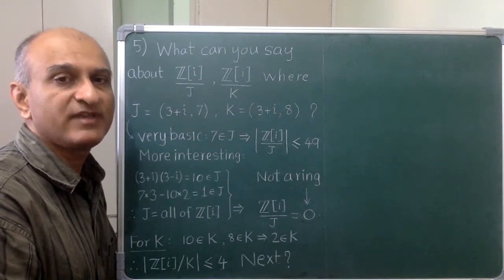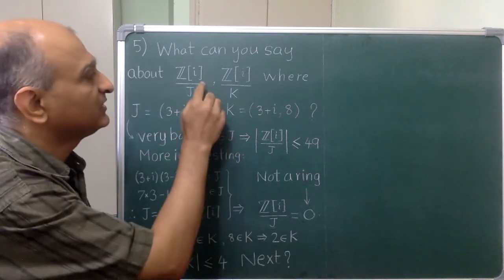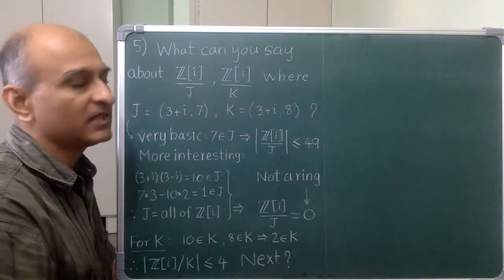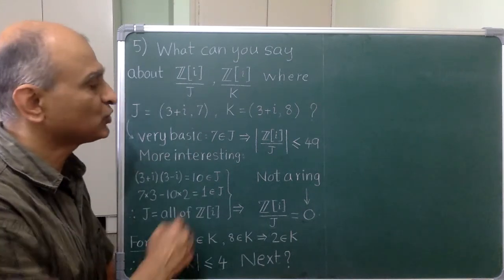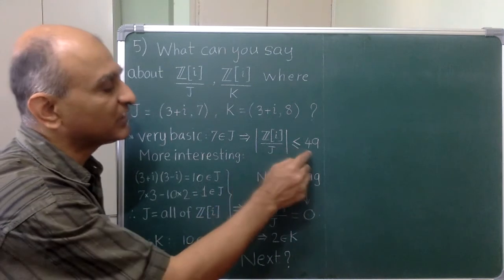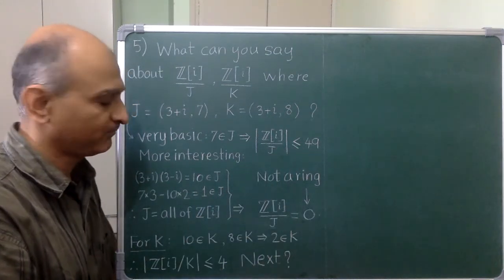Okay, first a very basic point. Because 7 is in J, in this quotient, real and imaginary part of any element can be reduced mod 7. And so the cardinality of this quotient is at most 49. But it collapses much more.